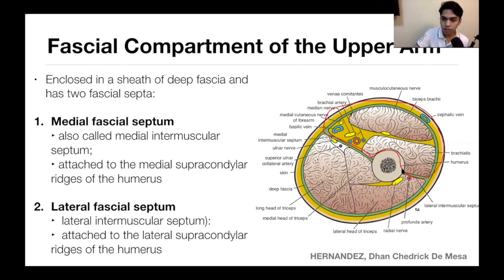Can you see it? I think I shouldn't have used red. Let me try blue. Still not visible. So that is what I'm drawing. That is the area of the anterior fascial compartment. As you can see, there are more nerves in there compared to here, the posterior fascial compartment.